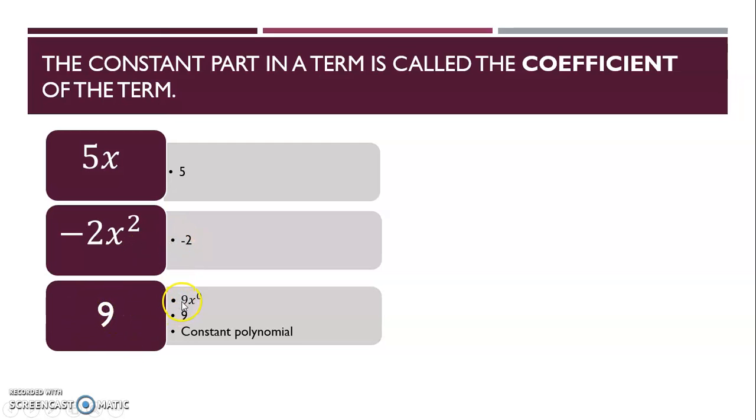So 9 can be written as 9x to the power 0 because x to the power 0 is 1. So the coefficient of 9 is 9 itself. Okay, and constant numbers alone, when we represent them alone, we call them constant polynomials.